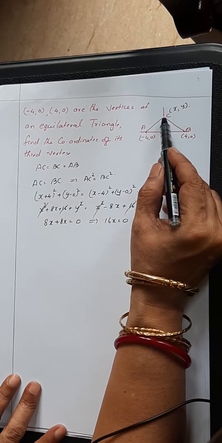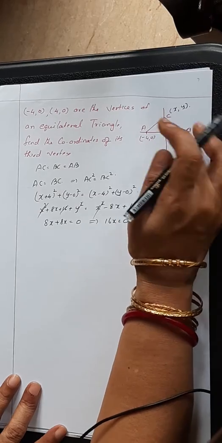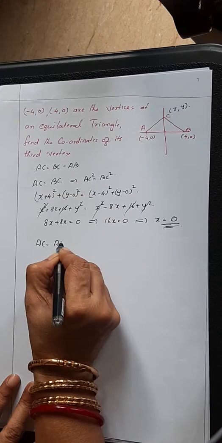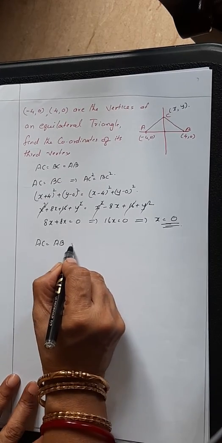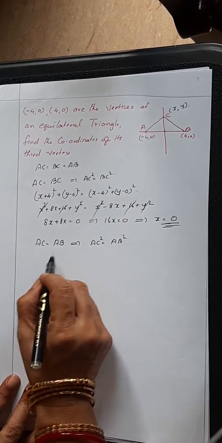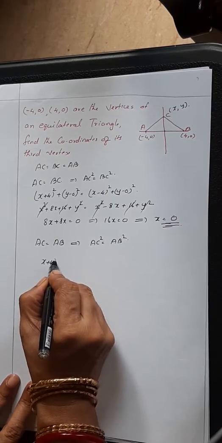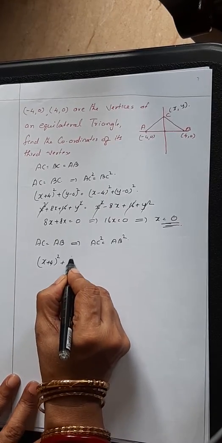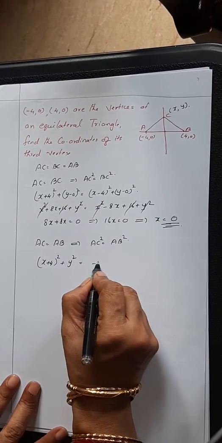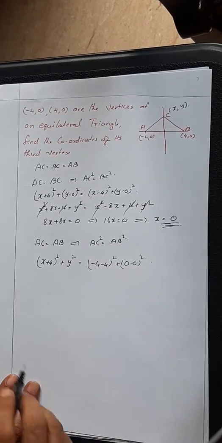For that, let us take AC equal to AB. Either you can take AC equal to AB or BC equal to AB. So here I am taking AC equal to AB. So AC squared again will be (x plus 4) the whole squared plus (y minus 0) the whole squared, equal to (minus 4 minus 4) the whole squared plus (0 minus 0) the whole squared.